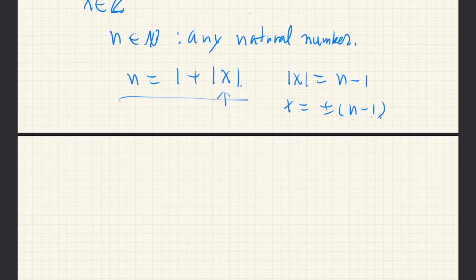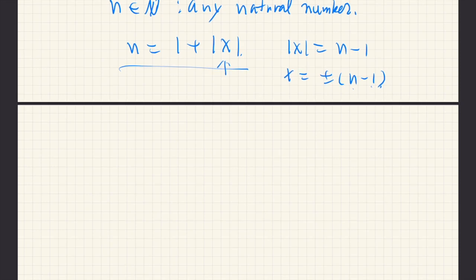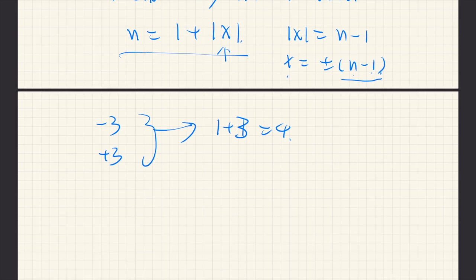In this example, two values of integers are mapped to the same natural number. For example, negative 3 and positive 3 both are mapped to the same value, 1 plus 3, that is 4. But in other cases, no two different values are mapped to the same value.